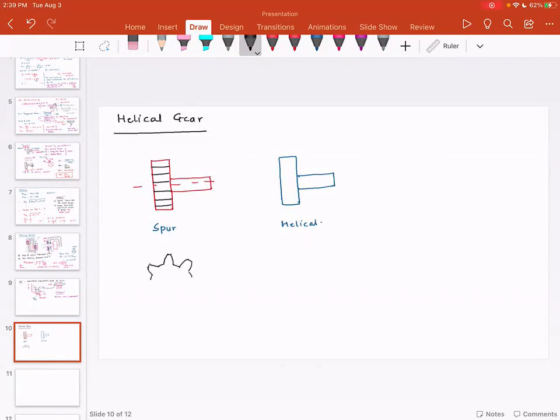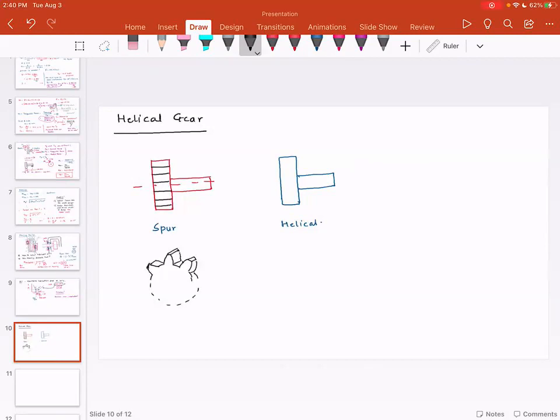You would see the spur gear something like this.